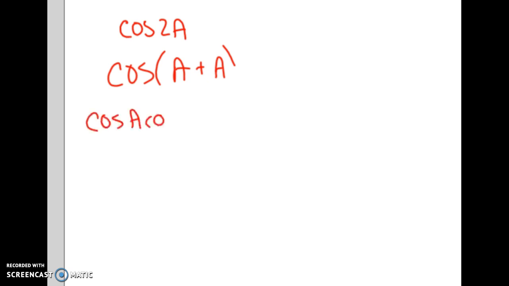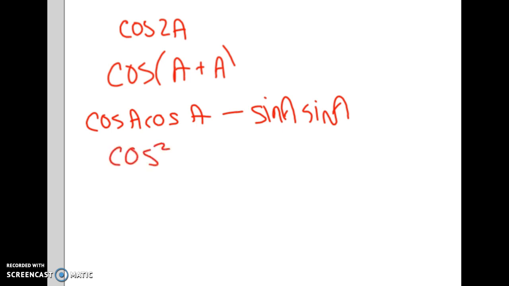Now, how do I rewrite cosine of 2A, Julianne? Cosine of what plus what? Cosine A plus A. Okay, good. Now, using my cosine of a sum formula, I do cosine A cosine A minus sine A sine A. Cosine A times cosine A is cosine squared A. They always write the squared here, though, so you don't get A squared confused with cosine of A squared.